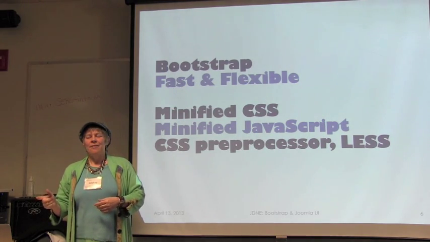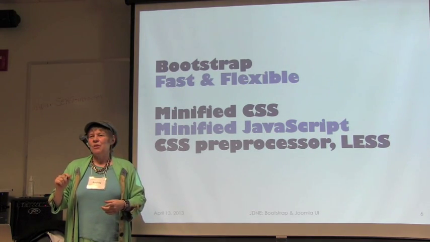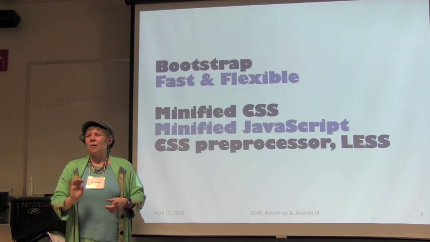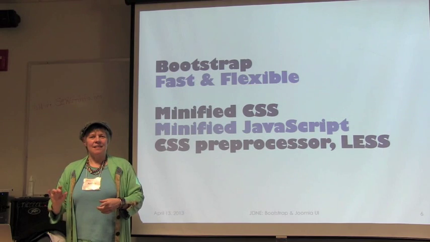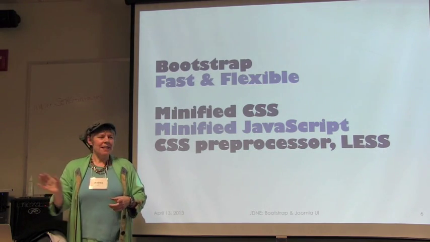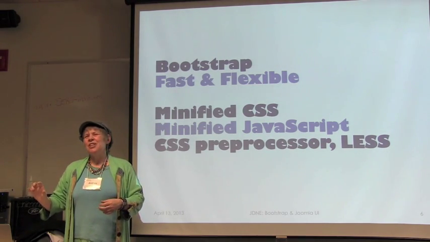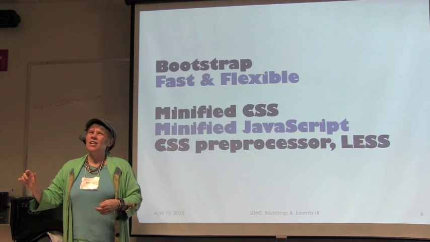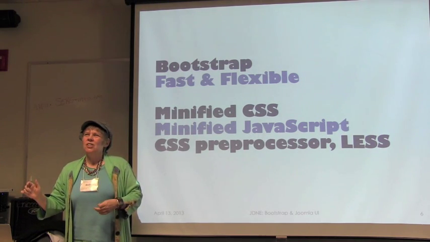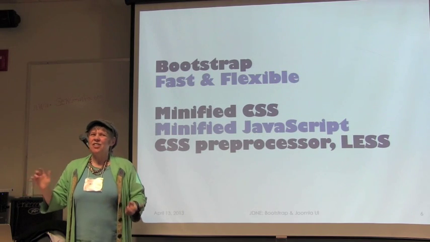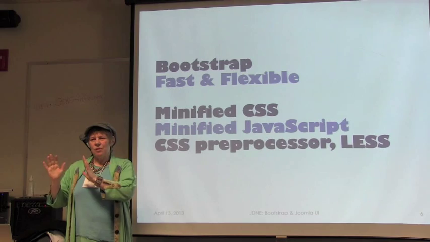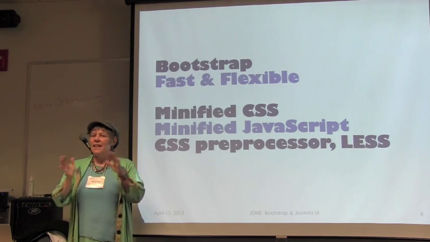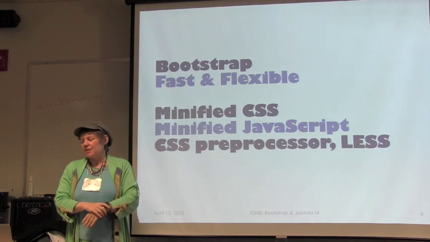Or you say, oh, I want the borders to be the same color as the link color, and so you make it the same, and then you say, oh no, I want to change the border color. Oh, but I don't want to change the link color, so I can't just do a copy replace. Less is something that will let you define that, process it, and then create your actual CSS files that you need.